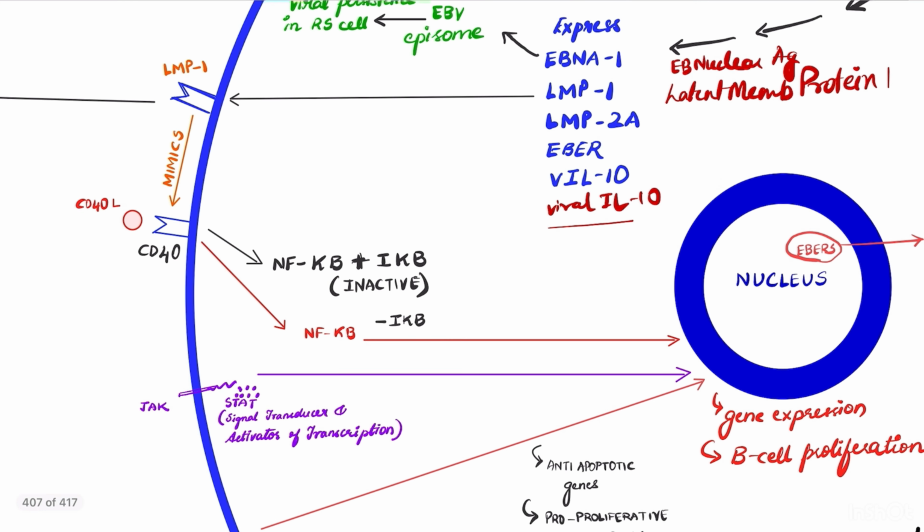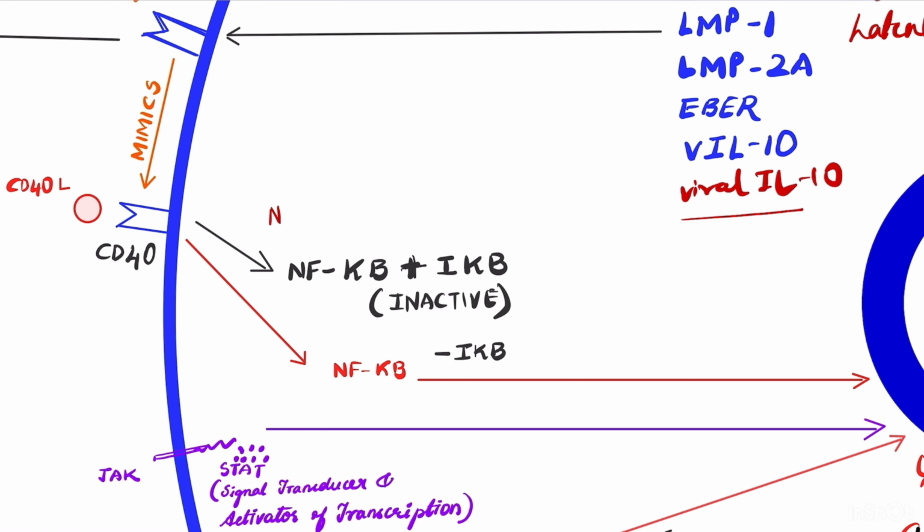First, let's see what is the normal function of CD40. This CD40 is present normally in an inactive state. That means when no signal has touched the CD40, NF-kappa B, a transcription factor, is in the cytoplasm. It is called NF-kappa B. NF means nuclear factor.